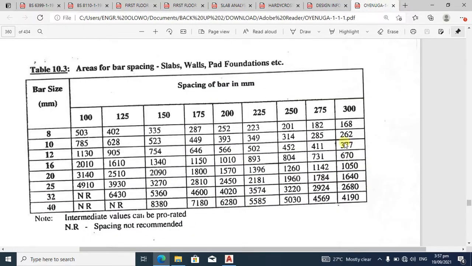Now there is a caveat. Though this 377 millimeter square is a very good value at a spacing of 300, remember, all these iron benders we use on the site, they don't know the implication of all this spacing that we are talking about. Experience has shown that when you leave the work to them, they tend to increase the spacing.